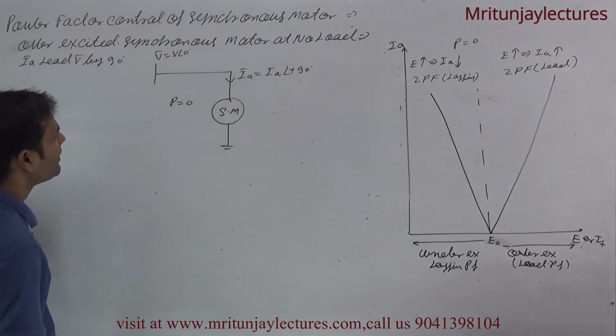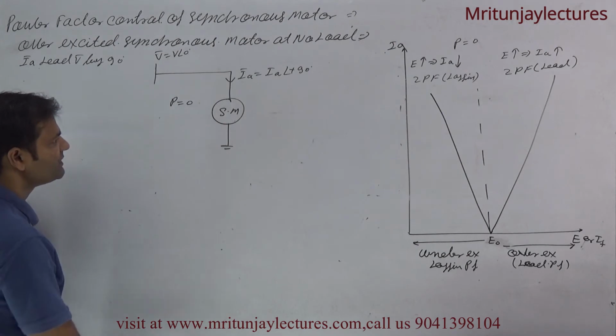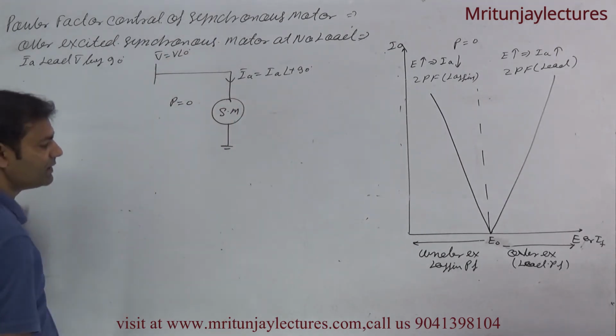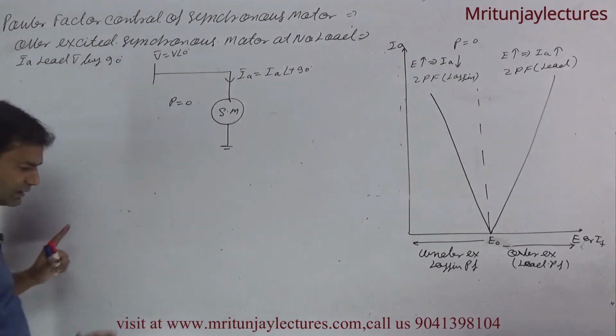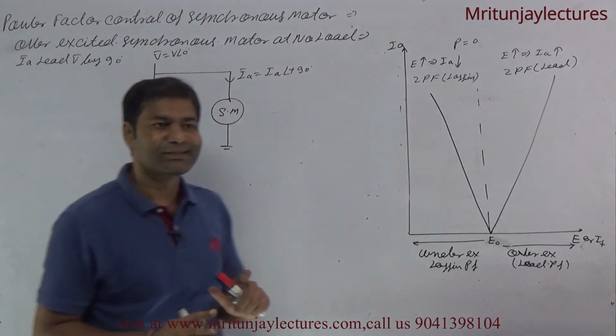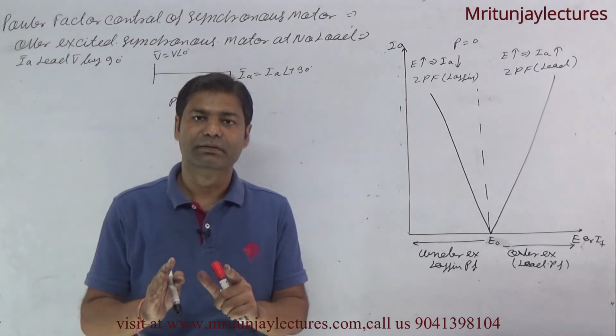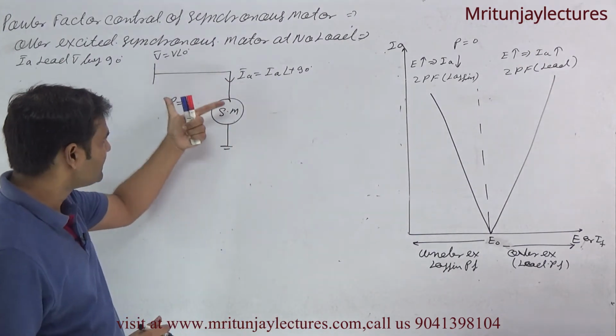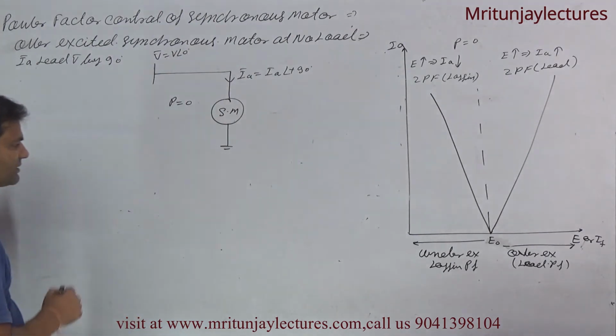Clear? This one represents the element of capacitance. Which type of element has I leading V by 90 degree? A capacitor. So this one behaves as a pure capacitor.